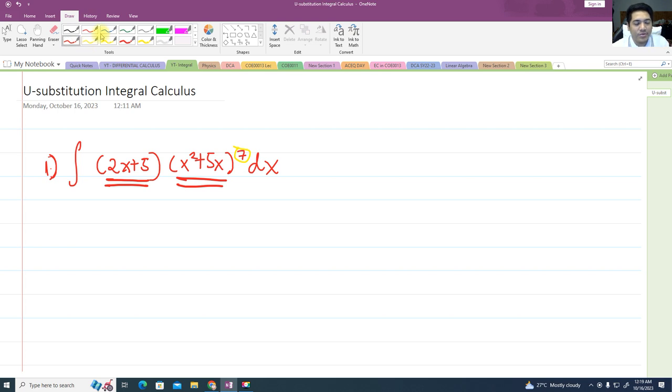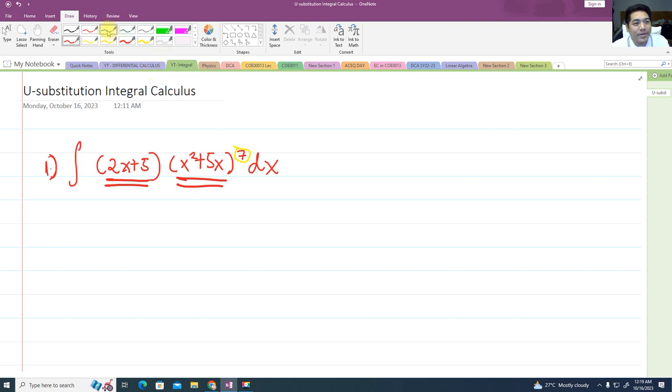The technique of U-substitution tells us that if we find a term in the integrand that will serve as a u, and if we differentiate that u, we will find another term in the integrand containing the same derivative, then we can apply U-substitution to that integral.